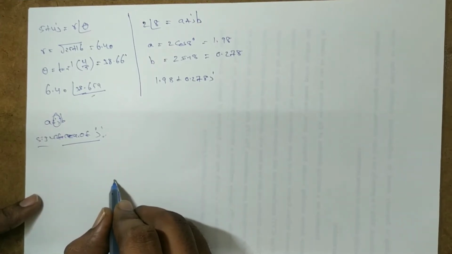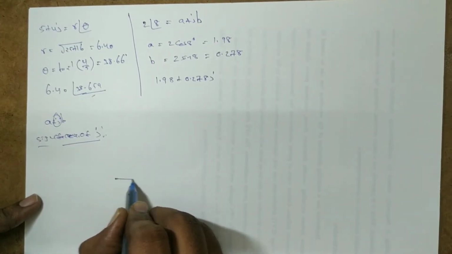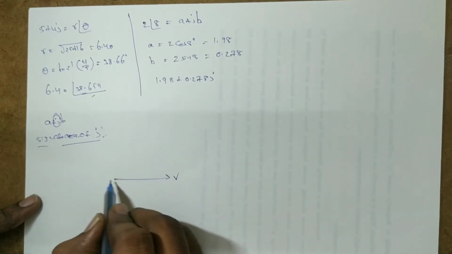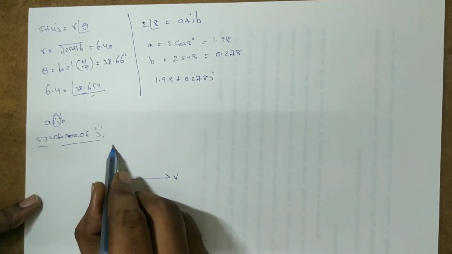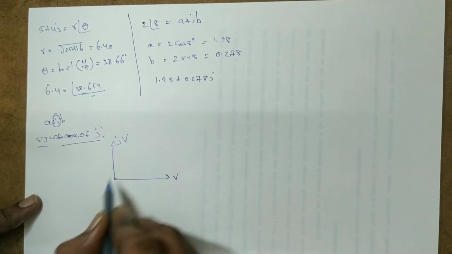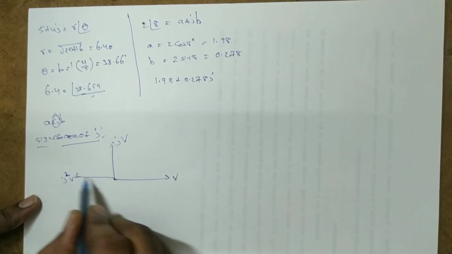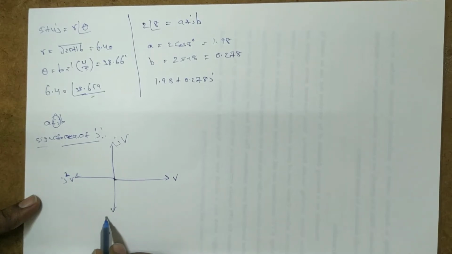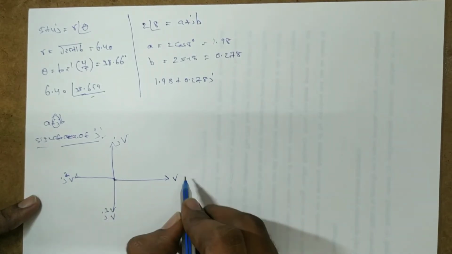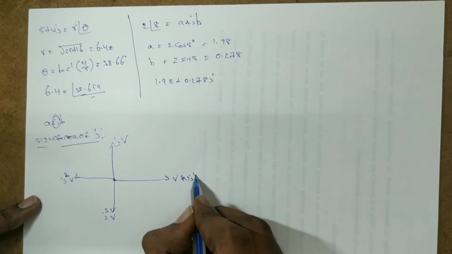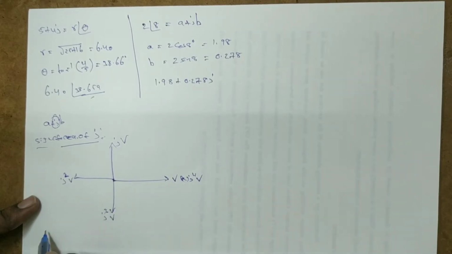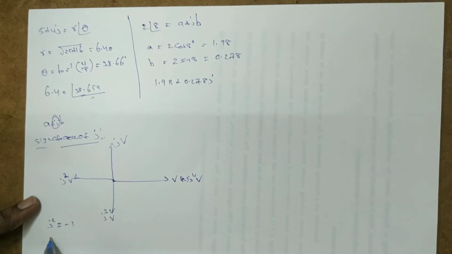Let us consider a vector V, it is the reference, and if we add j to the reference vector, it will be moved in anti-clockwise direction, that is counterclockwise direction. And similarly, j square means again 90 degrees, j cube means again 90 degrees, and j power 4 means again 90 degrees.